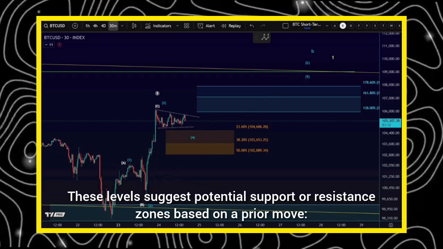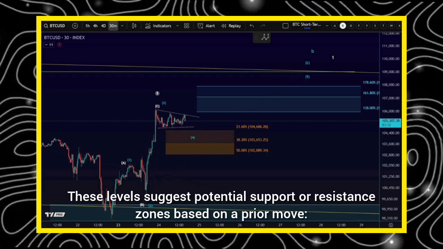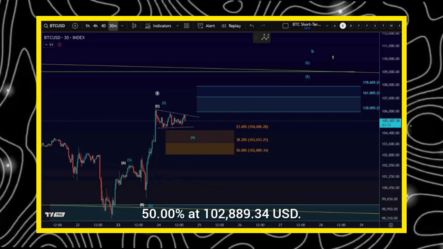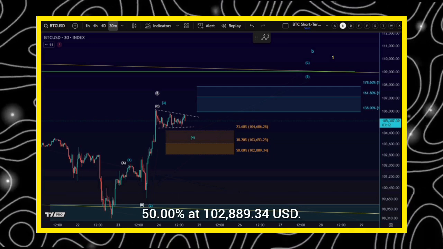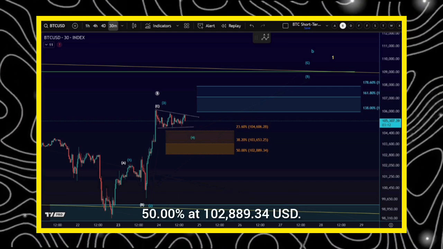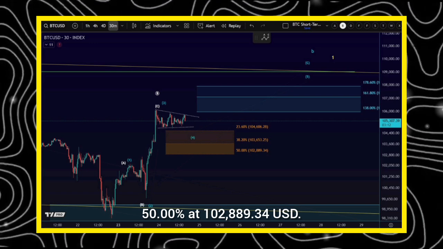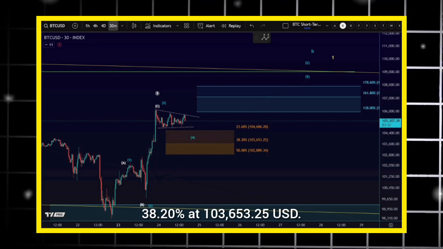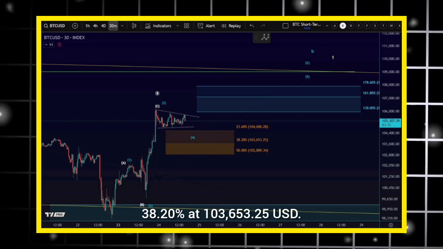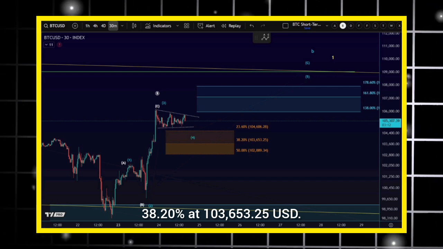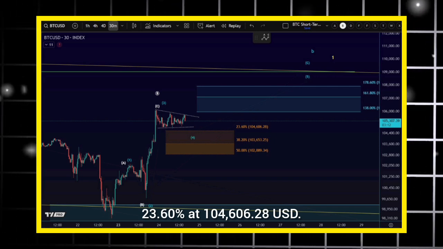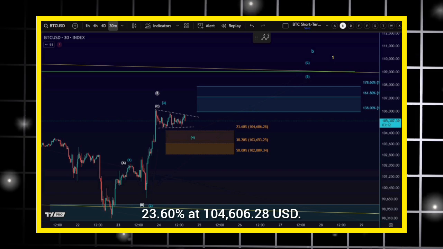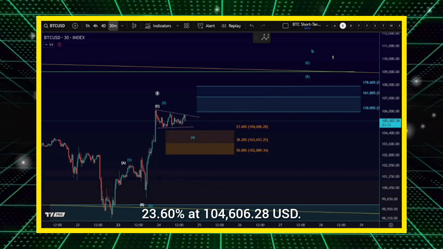These levels suggest potential support or resistance zones based on a prior move. 50.00% at 102,889.34 USD. 38.20% at 103,653.25 USD. 23.60% at 104,606.28 USD.